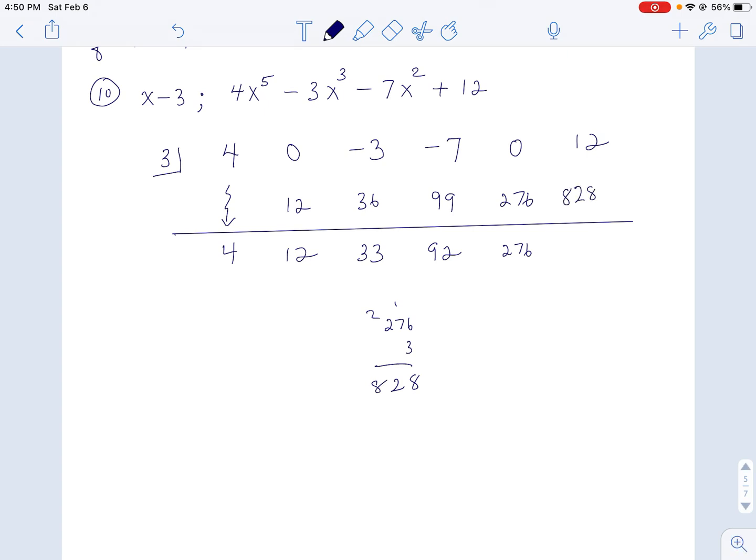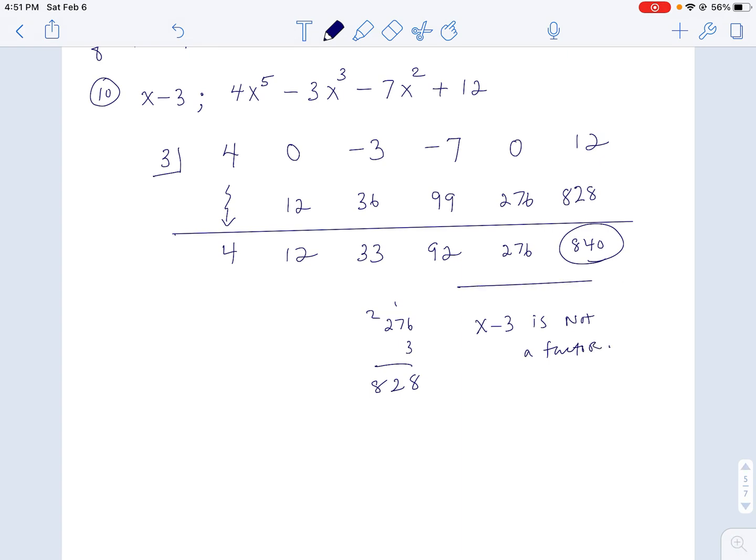Wow, 828. So my last column has a 12, and right below that is 828. If I add that up, I get 840. That's my remainder. That's a huge number. All that matters is that the number is not 0. Since it's not 0, my conclusion is x minus 3 is not a factor.